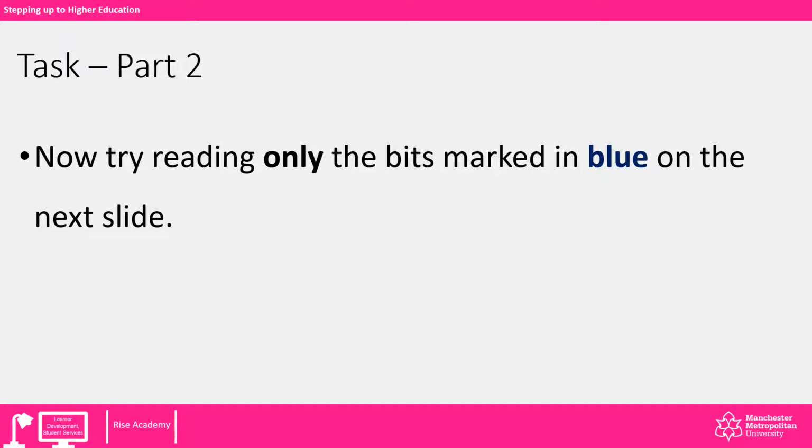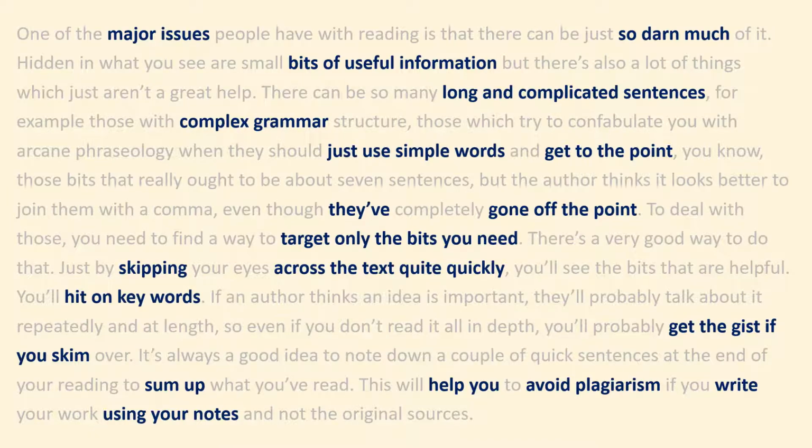This task will therefore introduce you to skim reading and how you might approach it. So here's the text that I'd like you to read now. Again, you might need to pause the presentation, but read the text, and this time only read those bits marked in dark blue, those bits that are marked in bold.